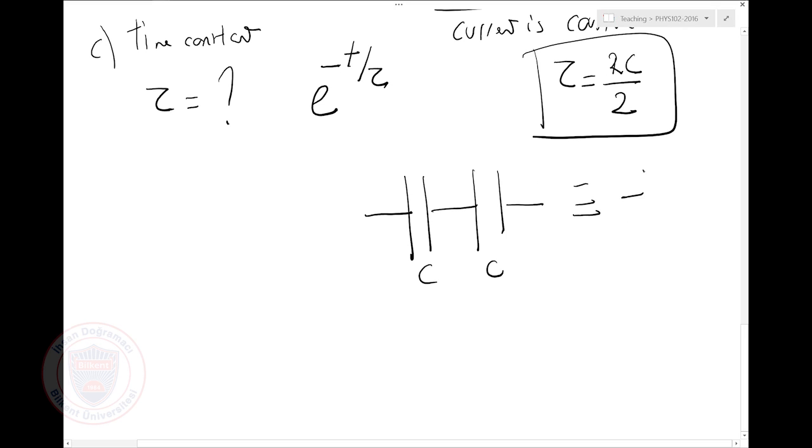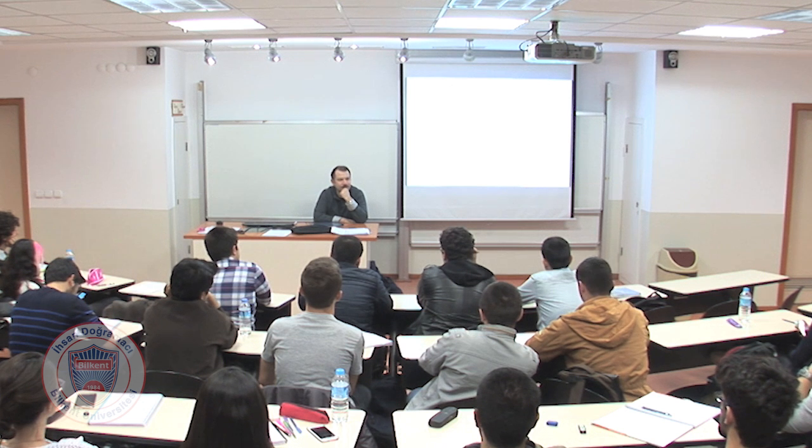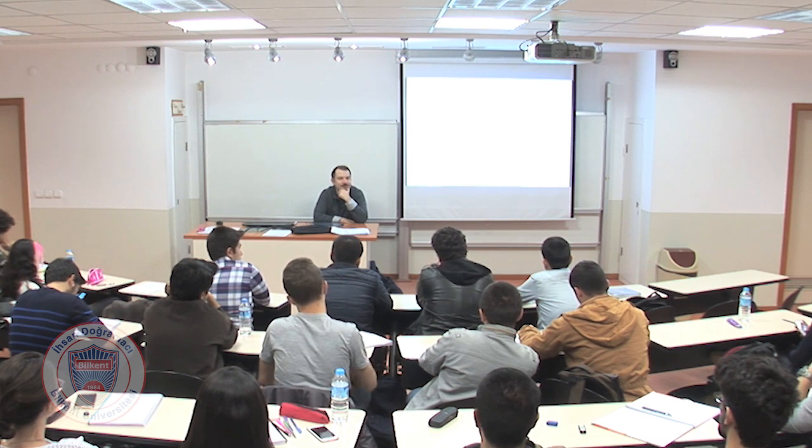So what's the equivalent capacitance of two capacitors in series? It's C over 2, not 2C, right? It's just the opposite. So this C over 2 is the equivalent capacitance which determines the time constant of the circuit. Okay? Any questions?